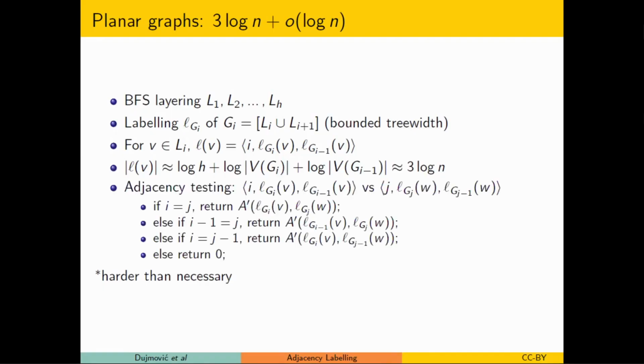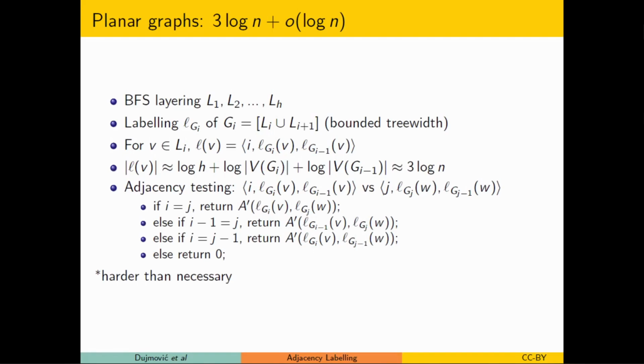And adjacency testing is easy if I give you the labels of 2 vertices, v and w. V is in layer I, W is in layer J. Then if they're in the same layer, G_I is the same as G_J, so these are both labels in the same graph. I use the adjacency tester on that.